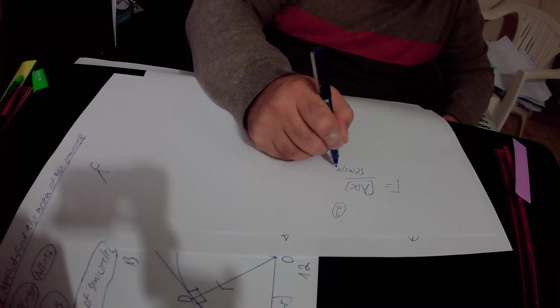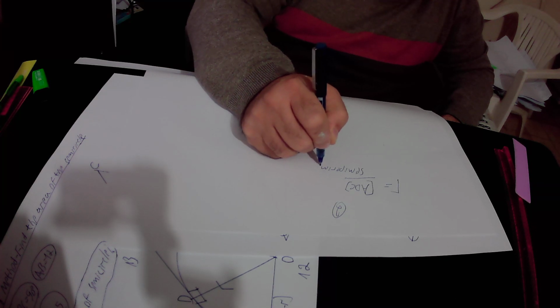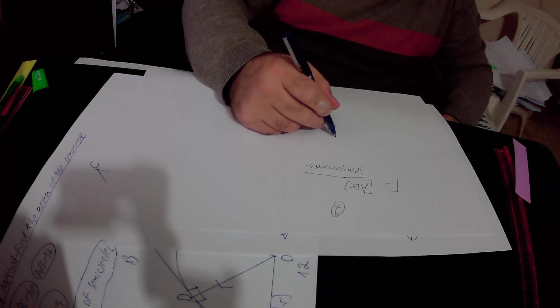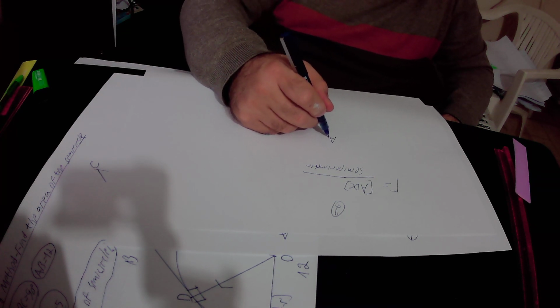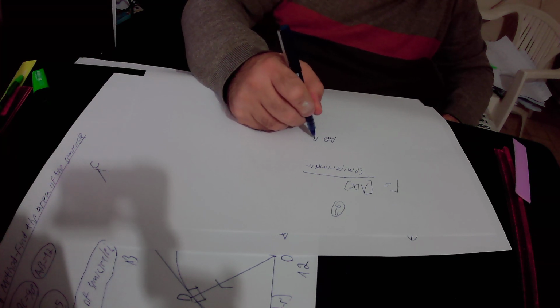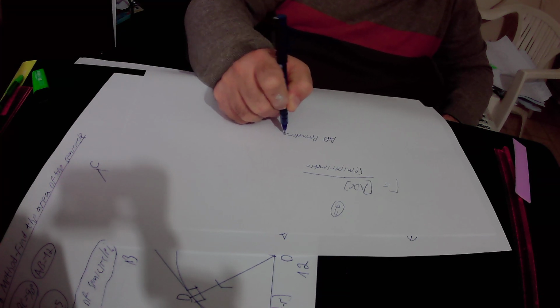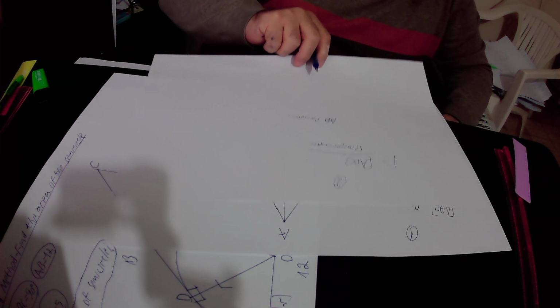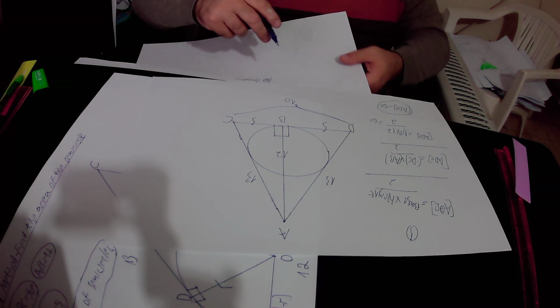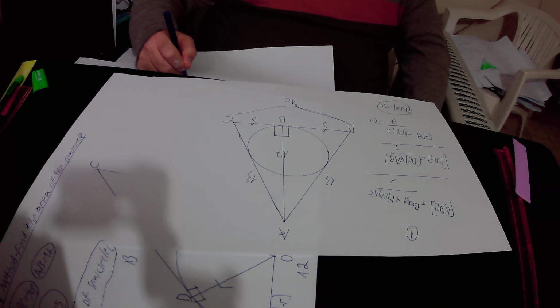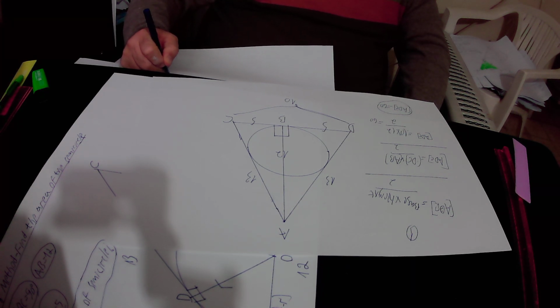And the semi-perimeter of any triangle is equal to the perimeter over 2. And the perimeter of triangle ADC equals the sum of its sides, that is to say AD plus AC plus DC over 2.